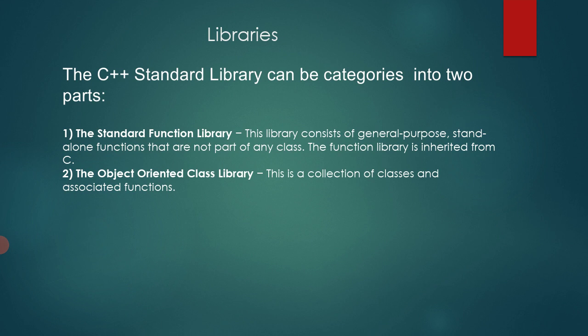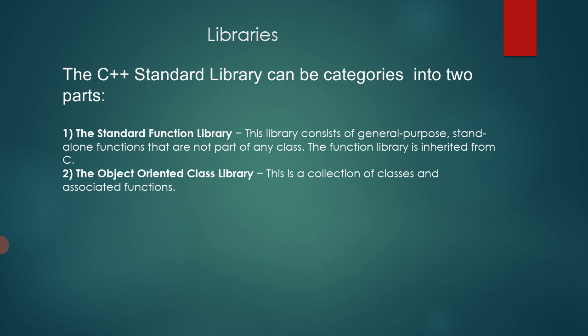So what is the standard function library? It has simple and main standard functions which we use for general purpose. This library consists of general purpose standalone functions that are not part of any class. The function library is inherited from the C language. See students, the C++ language is an extension of the C language, as we studied in the very first lecture of C++.